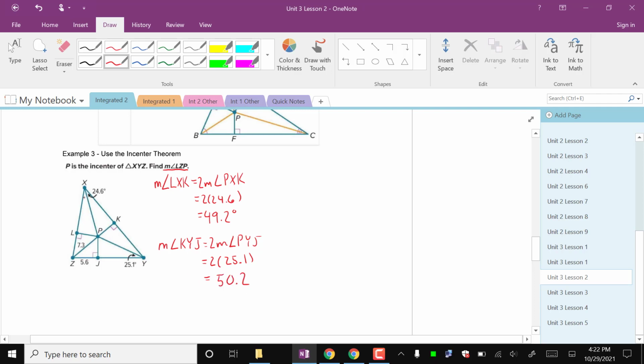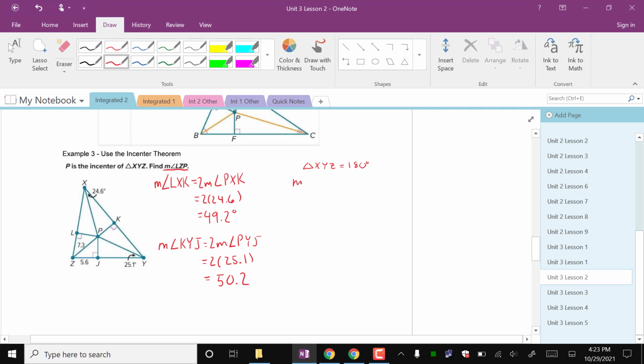So now I have this angle right here is 49.2. I have this angle right here is 50.2. I need to find this last angle over here. To find this last angle, I'm going to use this whole triangle XYZ. The measure of all the angles inside the triangle add to 180 degrees. So what does that break down to?